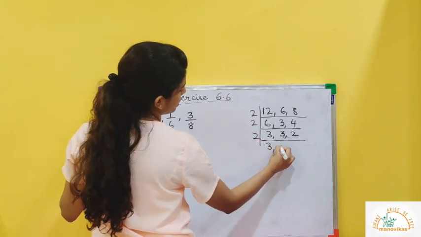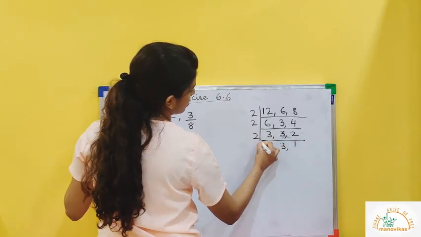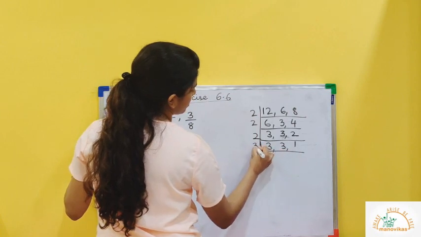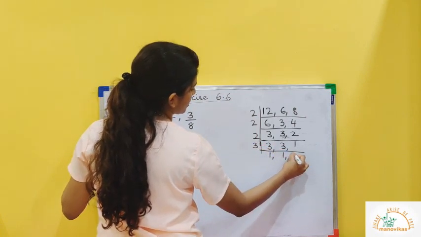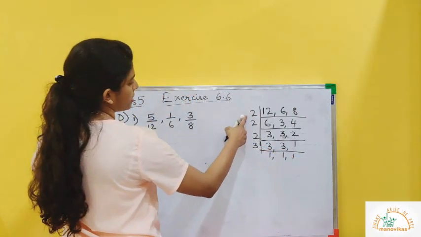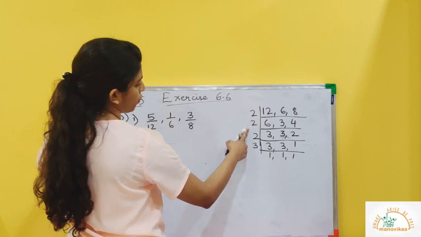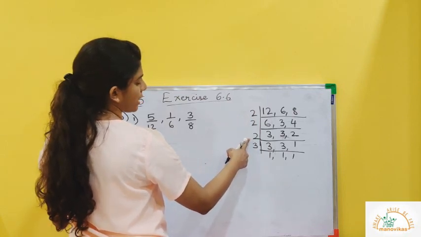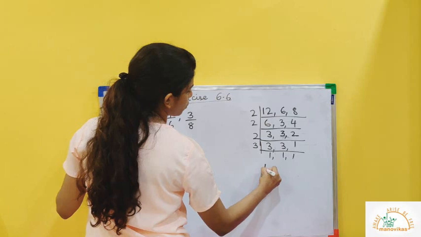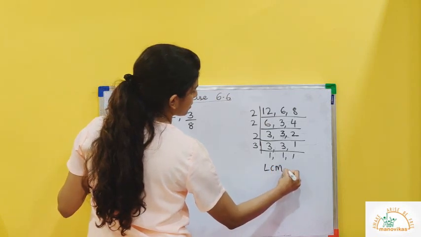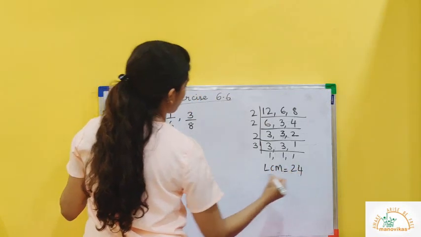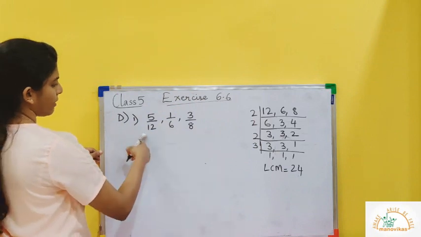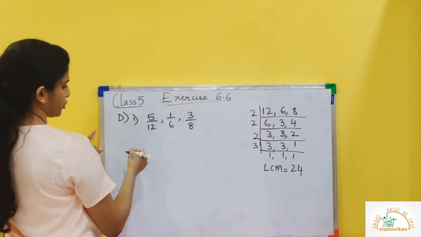Bring down 3. 2 1s are 2 and 3 1s are 3. So what do we get? 2 into 2, 4. 4 into 2, 8. 8 into 3, 24. So the LCM here is 24. Now we have to change all these 3 fractions.